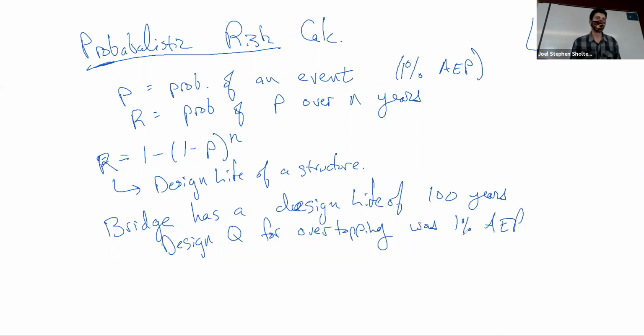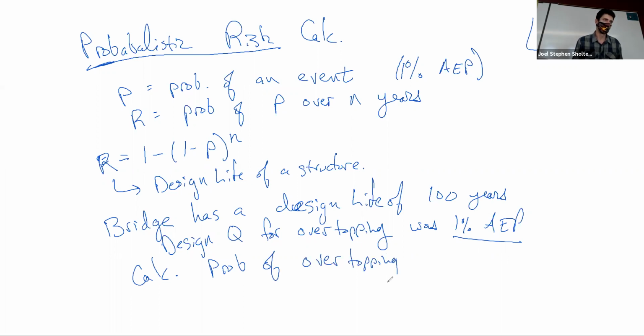And assuming that number is still valid after 100 years, we'll talk about non-stationarity and how that number could change over time. So we want to calculate the probability of overtopping over the design life.